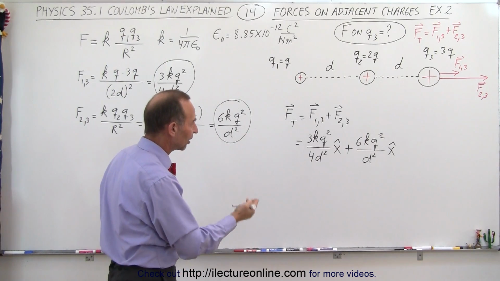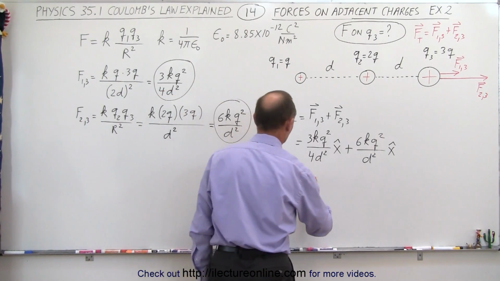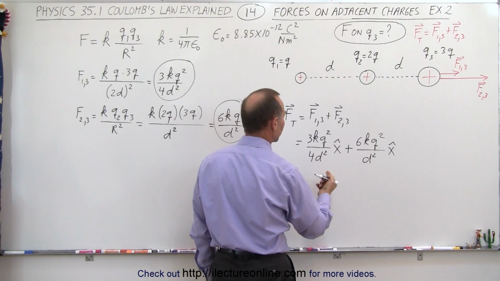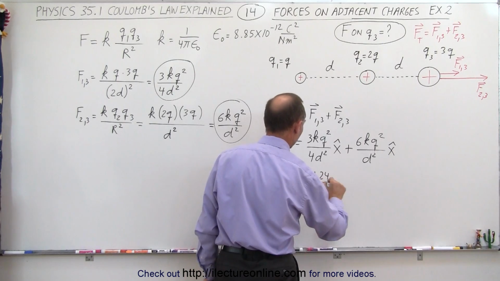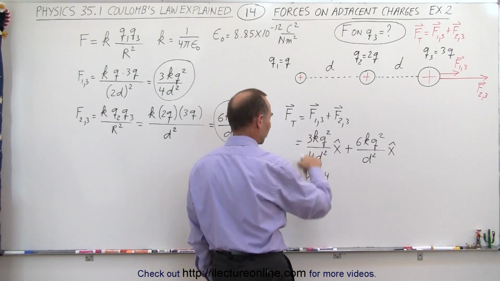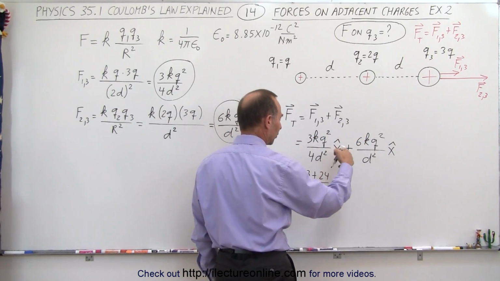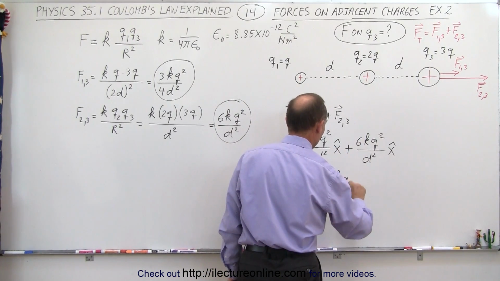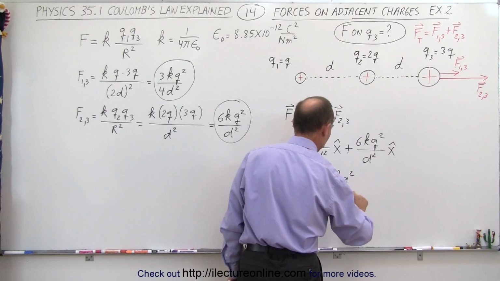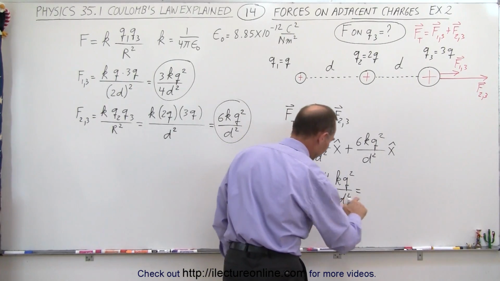So we have to add 6 plus 3/4. The common denominator is 4, so that would be 3 plus 24 over 4, because that's 3/4 plus 6 over 4, which is 24 over 4, times kq squared over d squared. Oh, and I'm forgetting something.